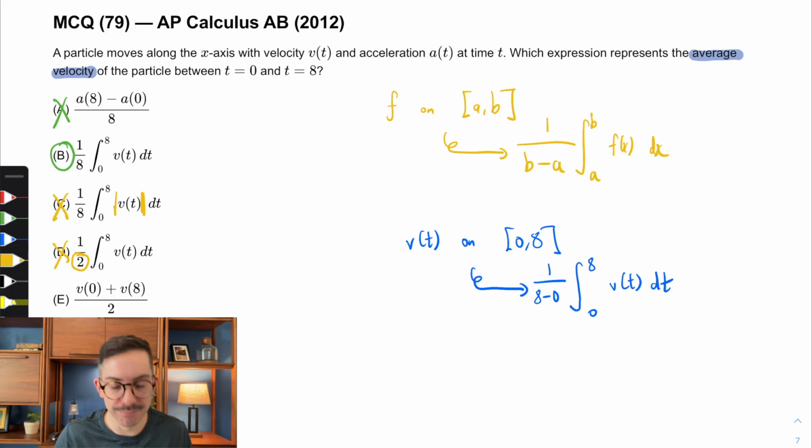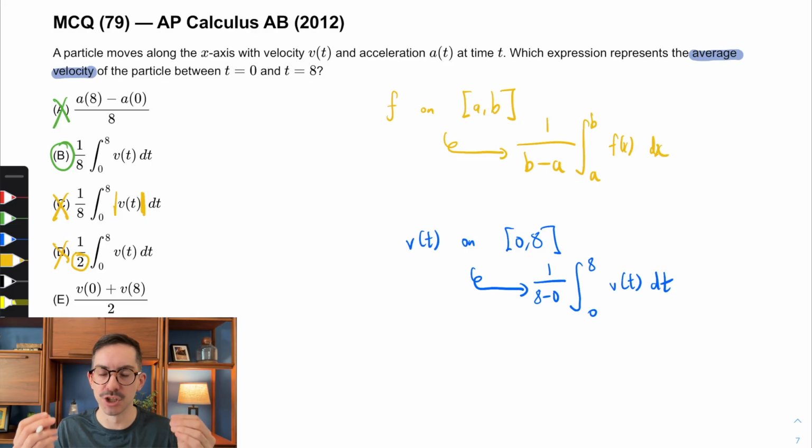Answer choice E, this is kind of cute. This is taking the average of the two values, v of 0 and v of 8, right? It's adding them and dividing by 2. That's a classic average. But we know at this point that velocities of particles, objects in the world, can be very complicated and interesting. So it's probably not going to fully capture the average value of the function just by looking at the endpoints and taking the average there.